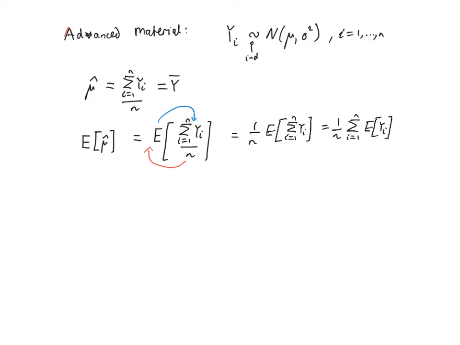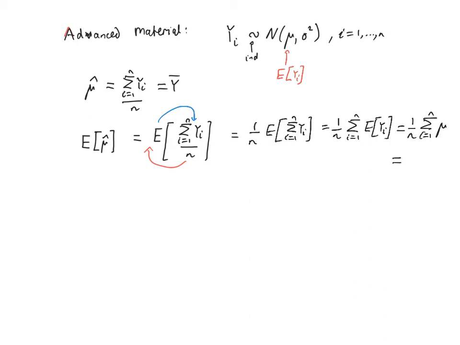Now, we know what the expected value of yi is because under the model up here, it's mu. Mu is the expected value of yi. So we can just substitute here mu, so we get 1 over n times the sum from i equals 1 to n of mu.